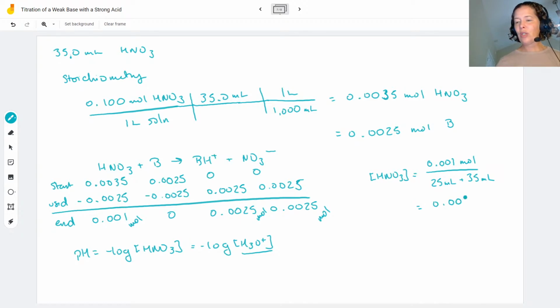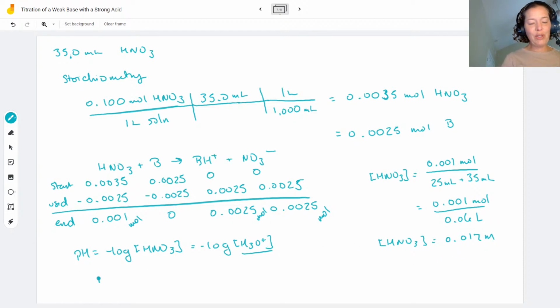So my concentration is over 60 milliliters, 0.06 liters. So my concentration of my nitric acid is 0.017. Of course, this is the same as the concentration of my hydronium. So my pH for my final step is just negative log of 0.017. And so my pH is 1.78.